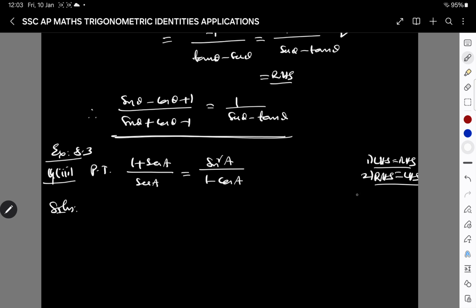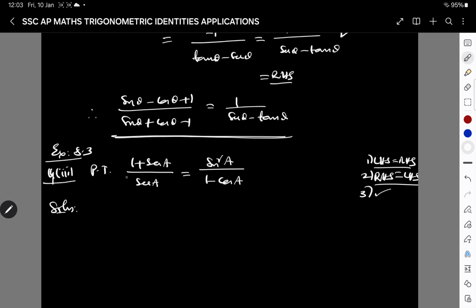In case these two are not equal, then we prove that first separately simplify LHS and simplify RHS, then prove LHS is equal to RHS. Deduction. So after these three methods in the textbook, the third method is followed. That is given as a hint.